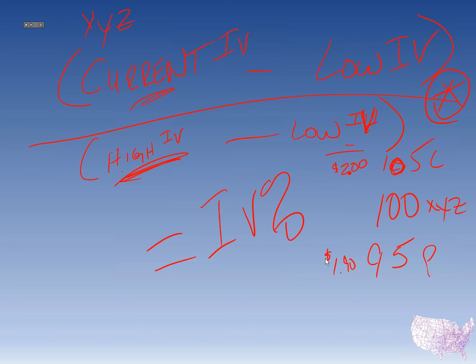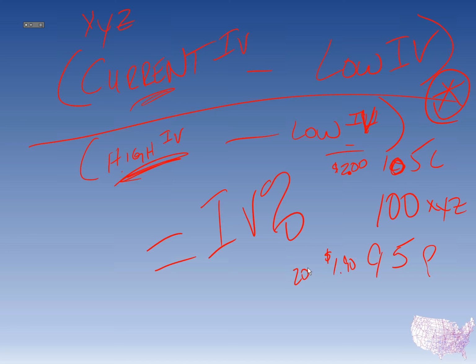So what that would be saying is there's skew to the call side, meaning the overarching market analysis would be that people are buying calls more than they're buying puts, meaning the risk is to the upside in that case, and vice versa.